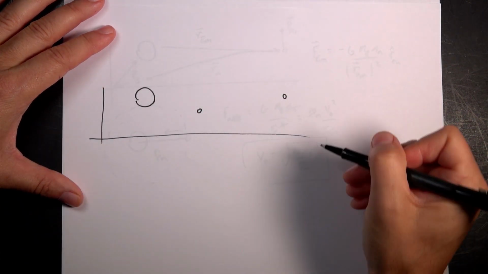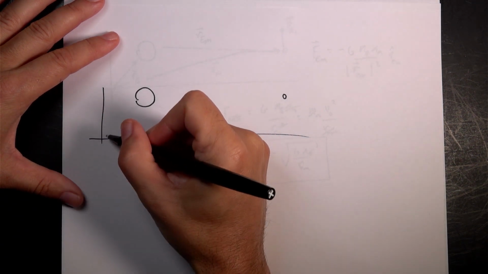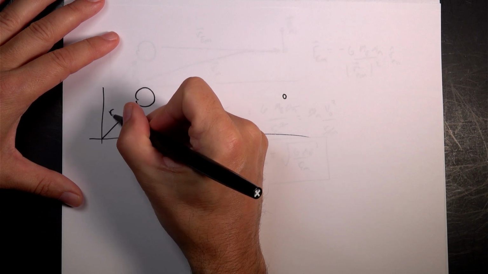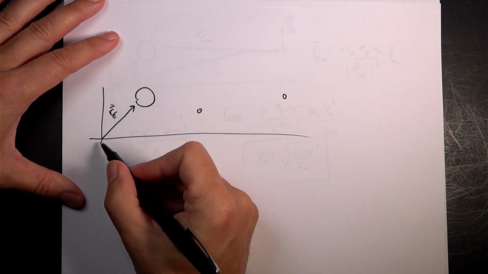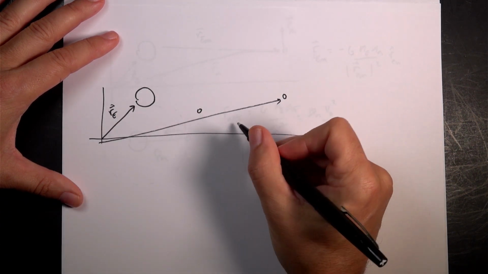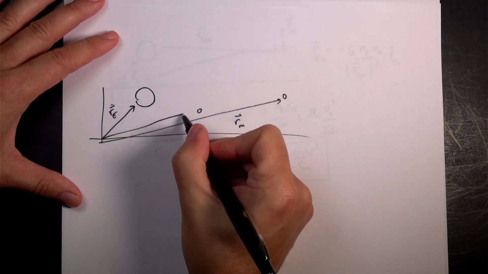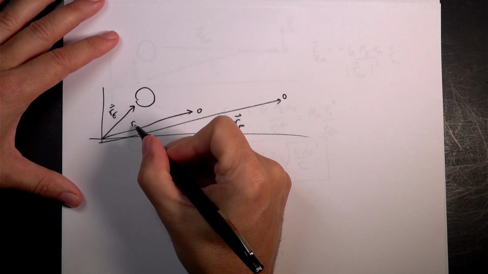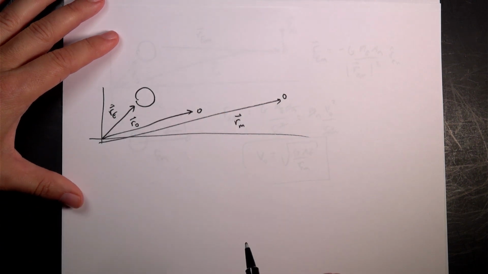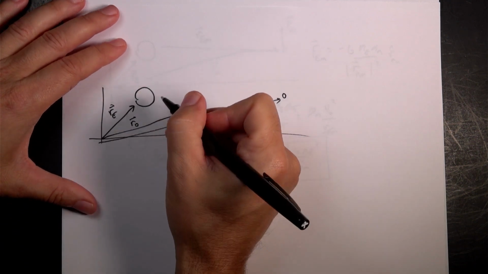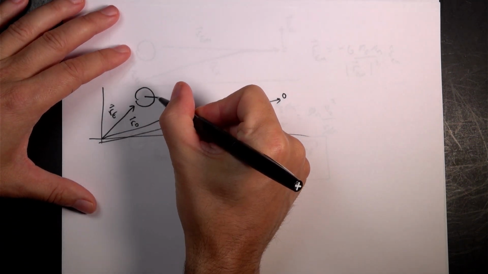Okay, so I'm drawing my origin off to the side just so we know that these don't have to be at the origin. So that's RE. This is RM, the position of the moon, and this will be RO, the position of Orion. So I need to calculate two forces. I need to calculate the force due to the Earth, so I need this.